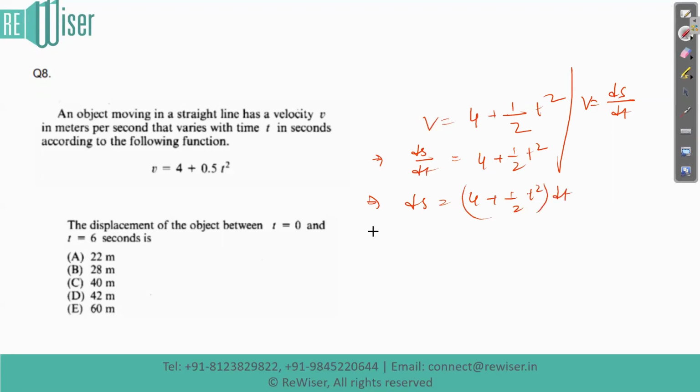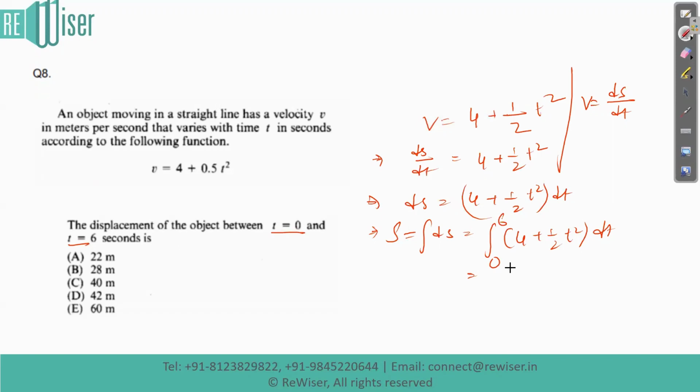Now I can integrate in order to find out the total distance traveled. So s will be nothing but the integration of ds, so the integration of this function, 4 + half t square dt, between the limits 0 to 6.